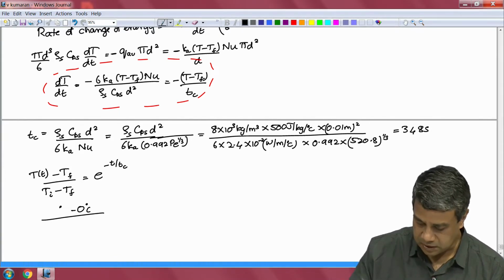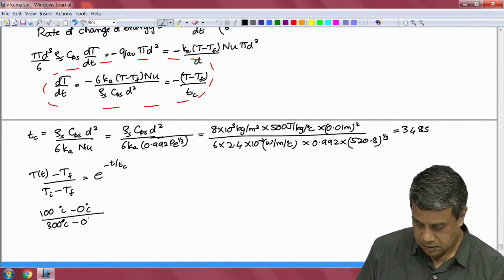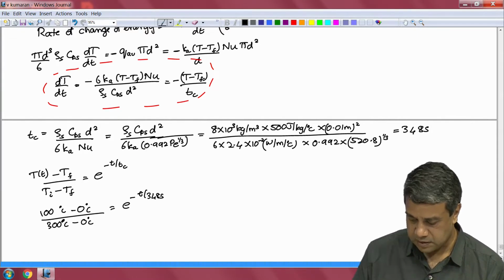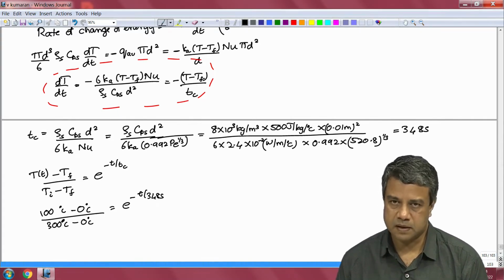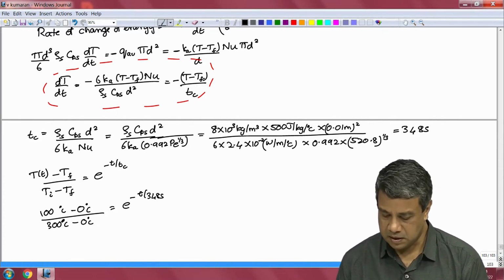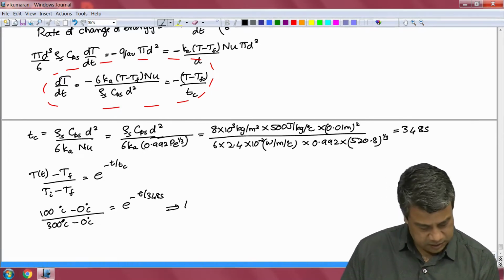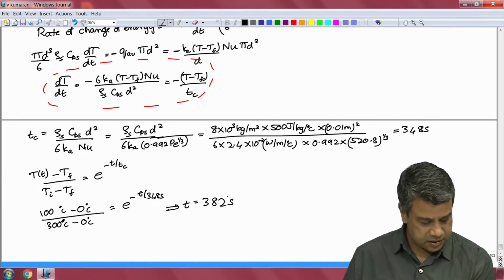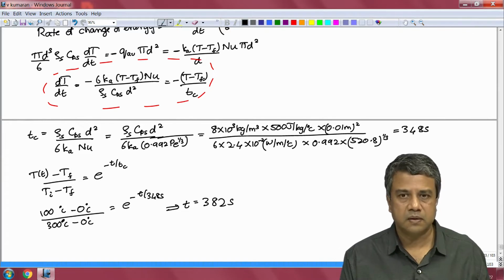The final temperature is 100 by 300 minus 0 is equal to e power minus t by 348 seconds. Just substituting the initial temperature, the final temperature, the fluid temperature, and the characteristic time. And from this you will find that t is equal to 382 seconds. So, that is the amount of time it takes for the temperature of the steel sphere to decrease to its final value.